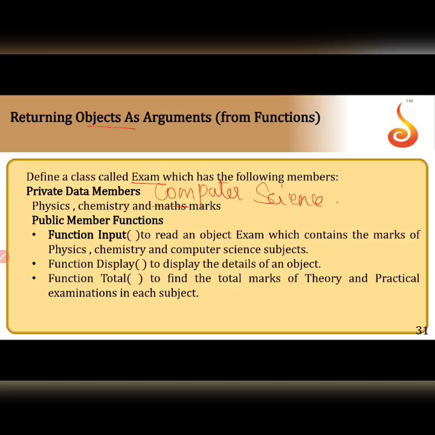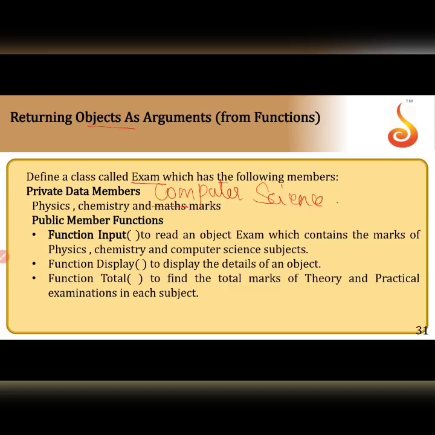That is what we need to do here. We need to read the theory marks scored in physics, chemistry and computer science subjects, and then you need to read the practical marks scored in physics, chemistry and computer science subjects.